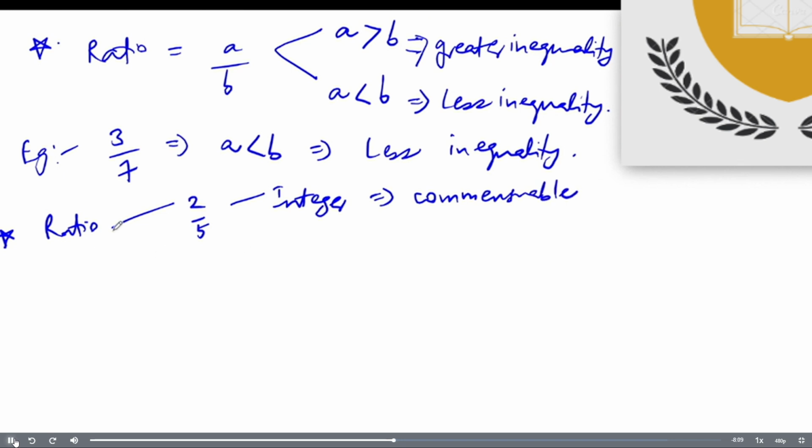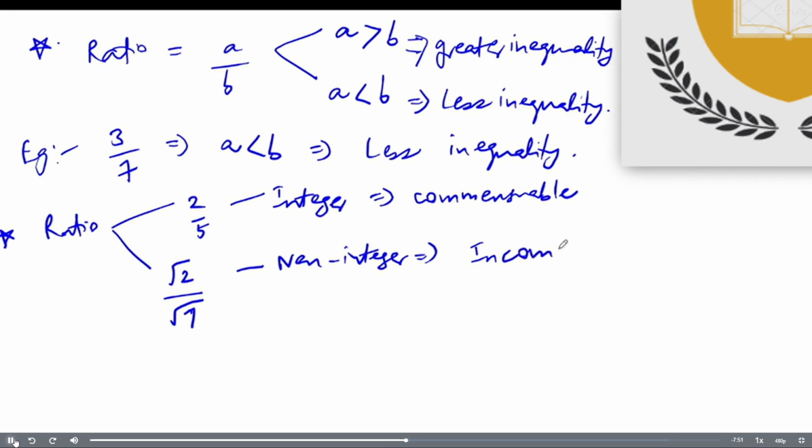And in the case we have another ratio, say square root of 2 by square root of 7, that is a non-integer, we call it incommensurable.